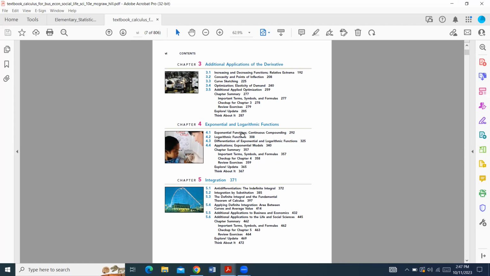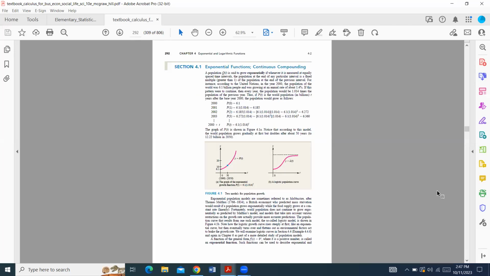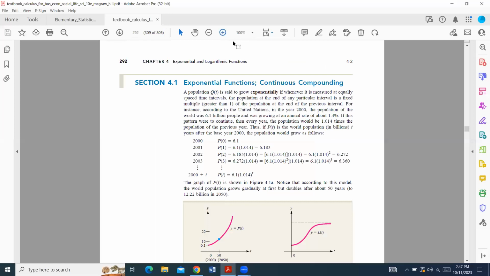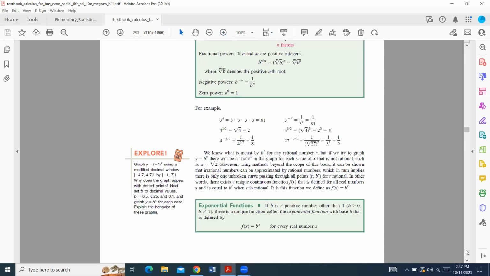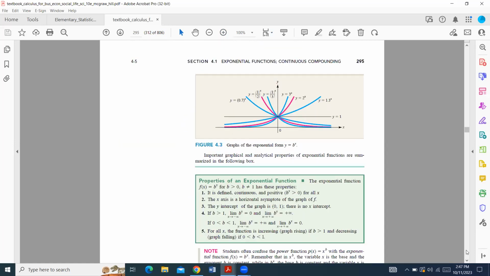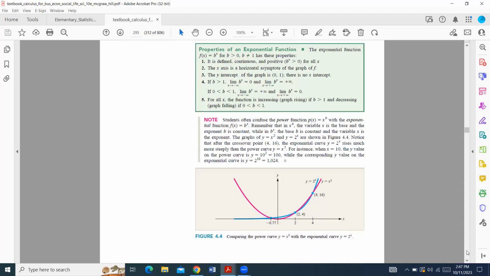So anyways, last time we looked at chapter 4, section 1, right? 4.1. We saw the exponential functions. We worked with these properties of exponents, and we saw what the graphs of those functions look like with respect to each other. So these things we're going to work with more, especially with graphing.